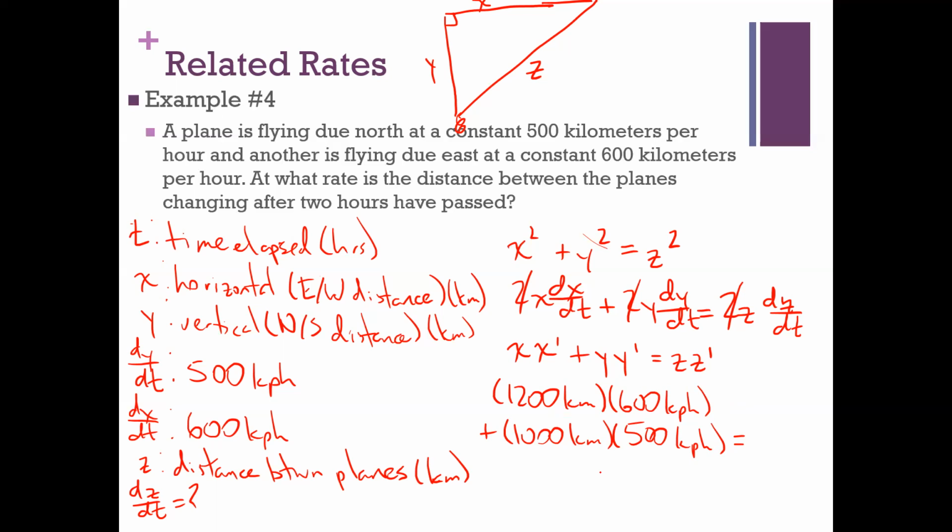Do I know z? Can we find it? How do we find it? You've got the Pythagorean theorem, and we based this whole situation on the Pythagorean theorem, so we can quickly figure out what the hypotenuse is if that triangle has legs of 1200 and 1000.